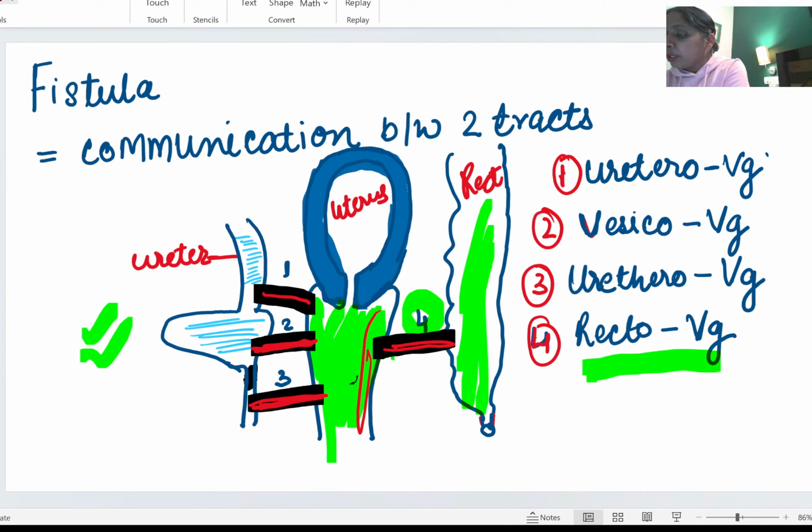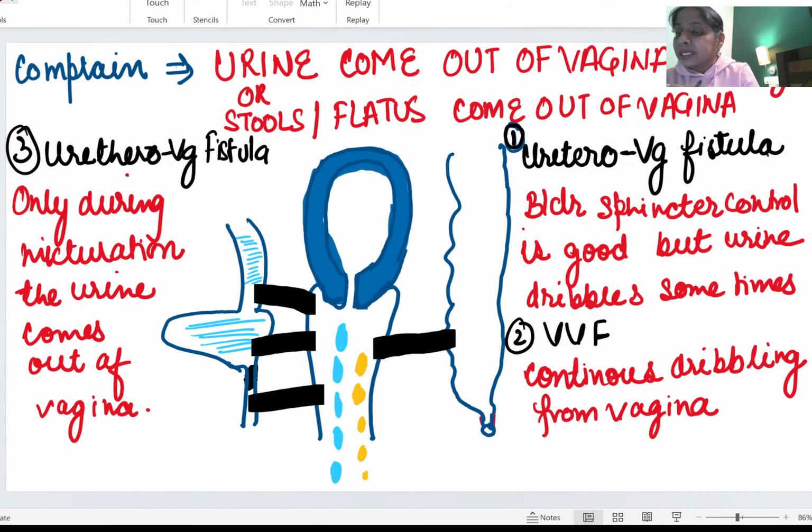Okay, Rahul. Now we will discuss what history the patient gives. As you have seen, the communication of the urinary tract with the vagina is in our syllabus. So if the urinary tract communicates with the vagina, what complaint will the patient give? Write down in the chat box. What complaint will the patient give?